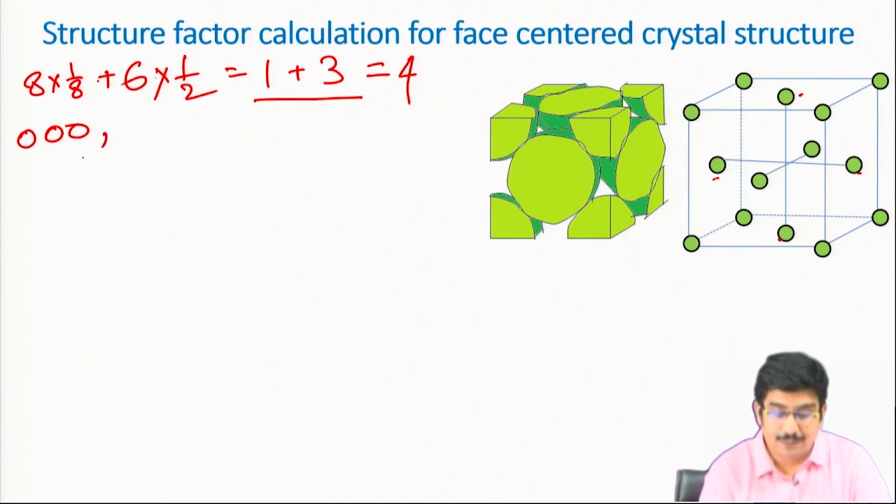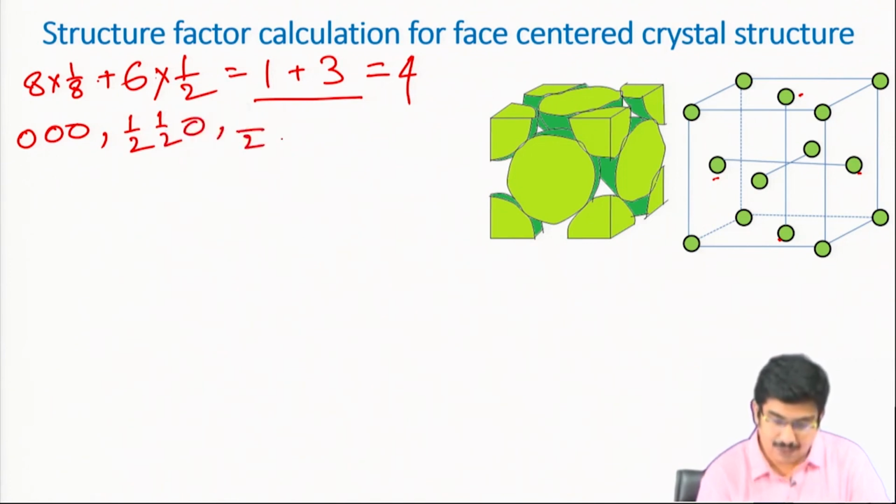Now what about the face centered ones? So face centered ones we can have like this: half half 0, then we have half 0 half, then we have 0 half half.